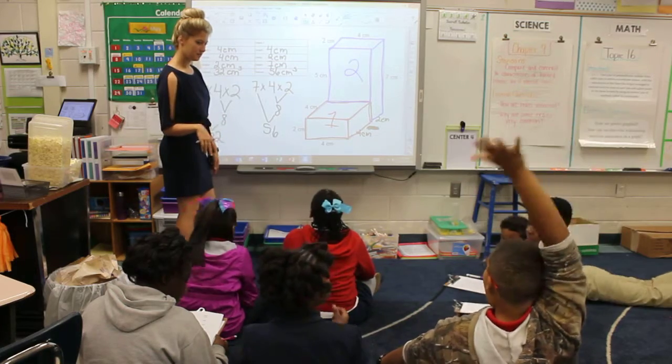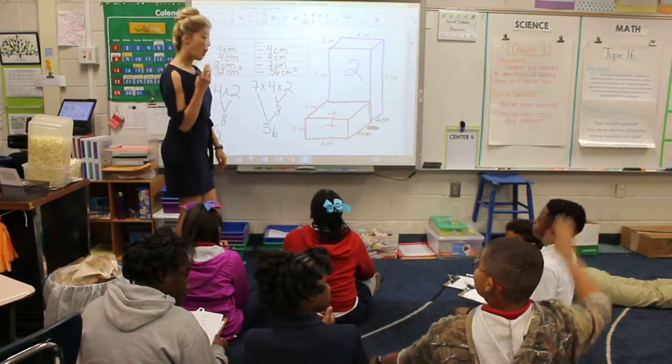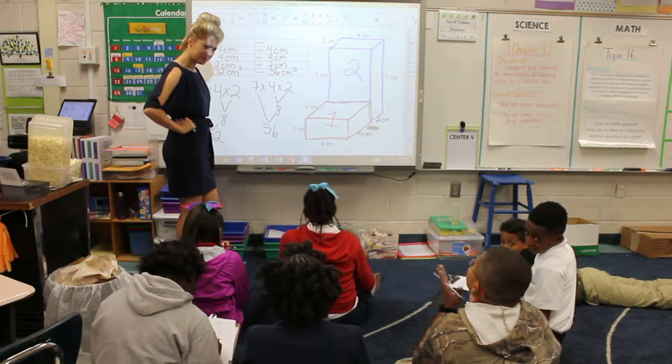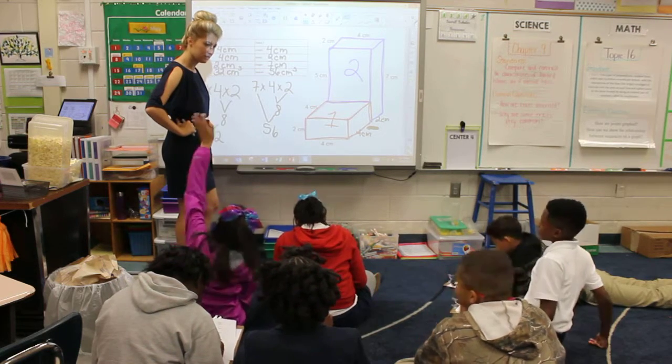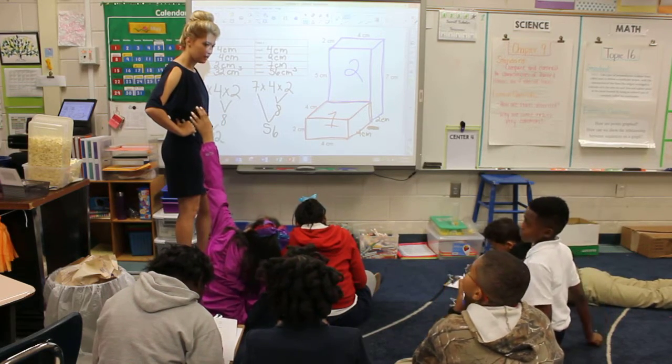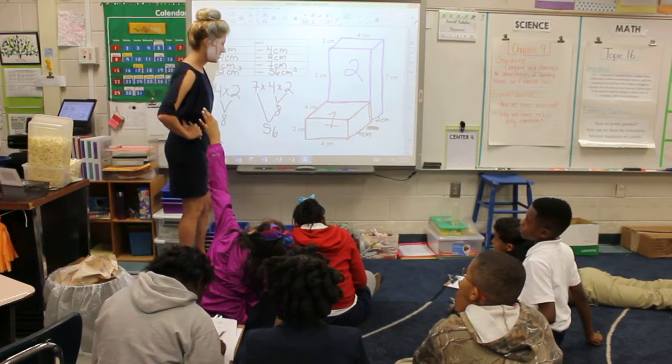Damien, question? Now we have to add, right? Why? Because there are 2 shapes. You want to find the total of both shapes, so you have to add both the volumes. Let's listen to what Damien just said.